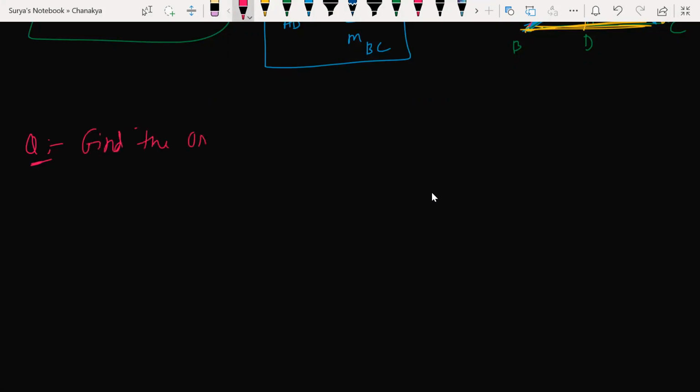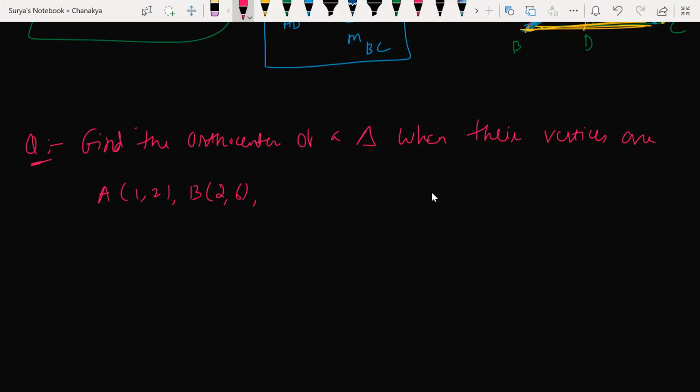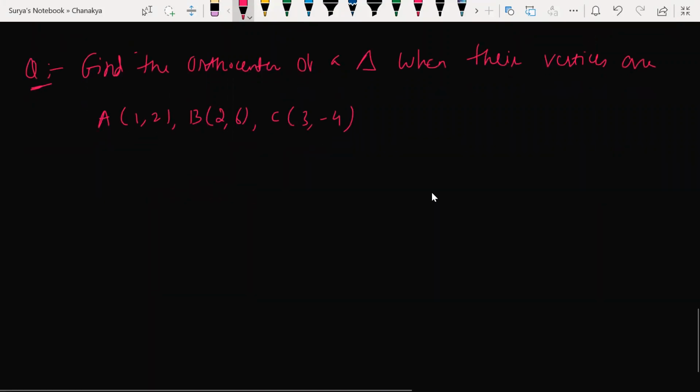Find the orthocenter of a triangle when the vertices are given: A as 1, 2, B as 2, 6, and C as 3, -4. So these are the vertices given to you.